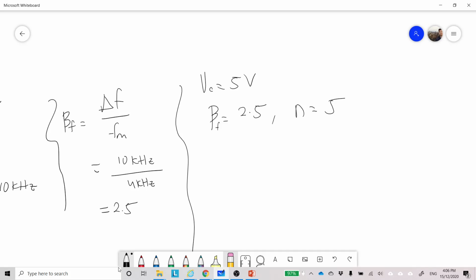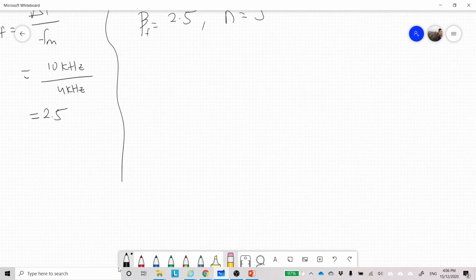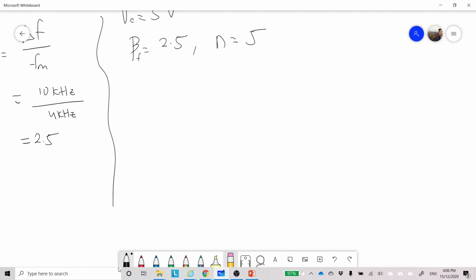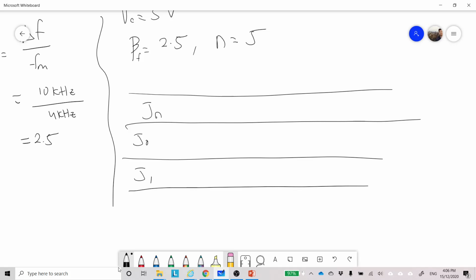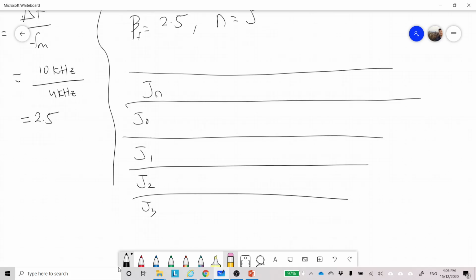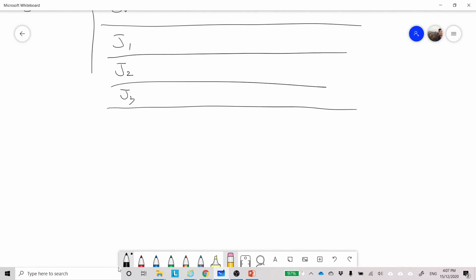And it asks you to draw the spectrum. So in order to find the spectrum, you need to find the amplitude and you need to find the frequency. So if we make a table of Jn, we will have J0, J1, J2, J3, J4, J5.